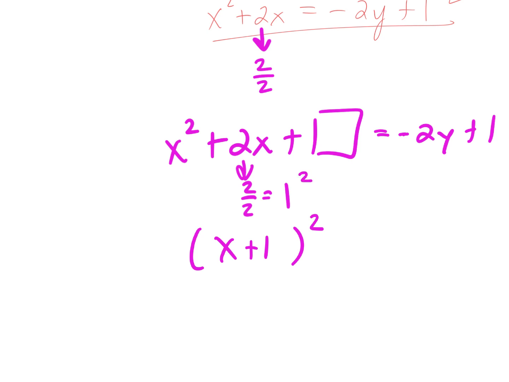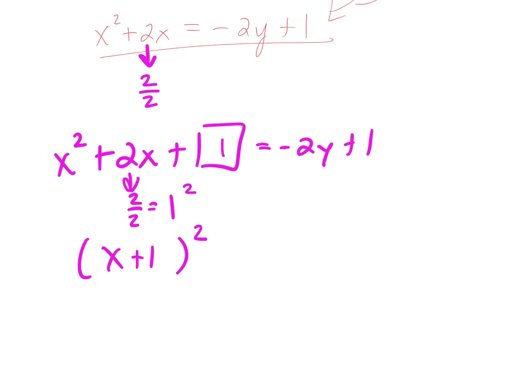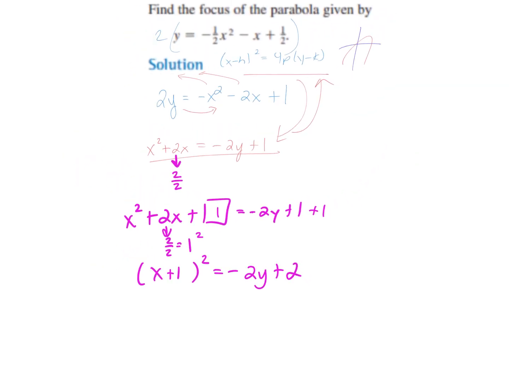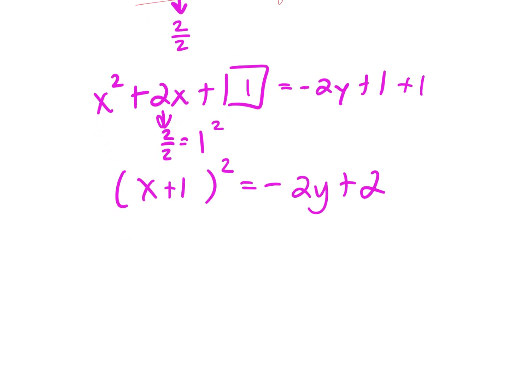When I square this, 1 squared is 1. What you do to one side, you add to the other. So then I have equals negative 2y plus 2. All right, we're really close. My left-hand side looks good. But on the right-hand side, I need my y to be in a parenthesis with another number, but have a positive 1 coefficient. So this is x plus 1 squared.